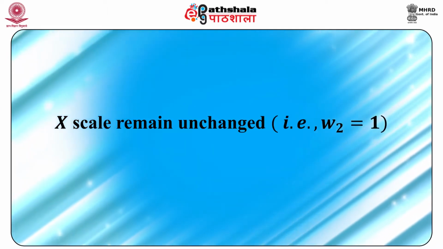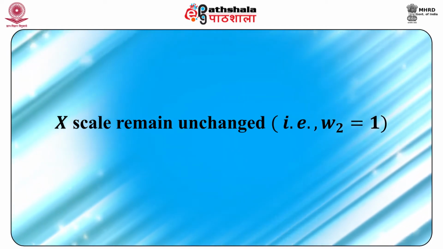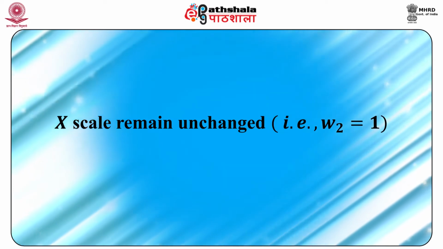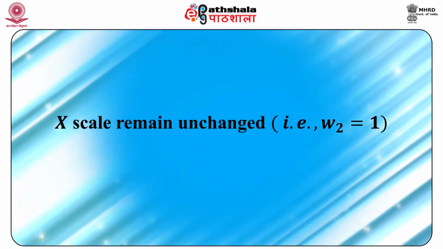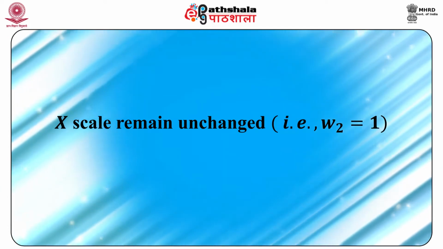Let us now look at some more special cases, especially suppose x scale remains unchanged, which means W2 is equal to 1, but W1 is W1, which means we have changed the scale of y but not the scale of x.